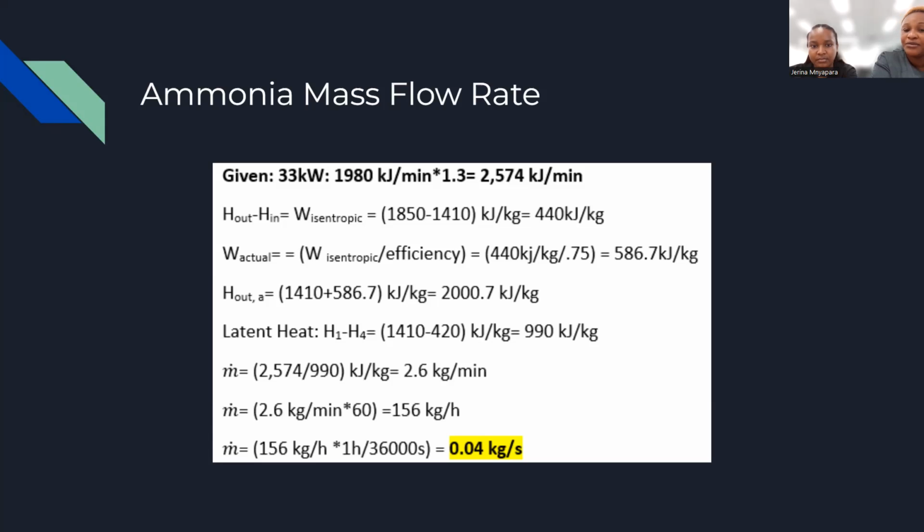From there, we converted the kilowatts into kilojoules per minute, and then converted to per second, and we know that the mass flow rate is equal to the Q flow rate over the QC. So from there we calculated, and we got 0.04 kilograms per second.